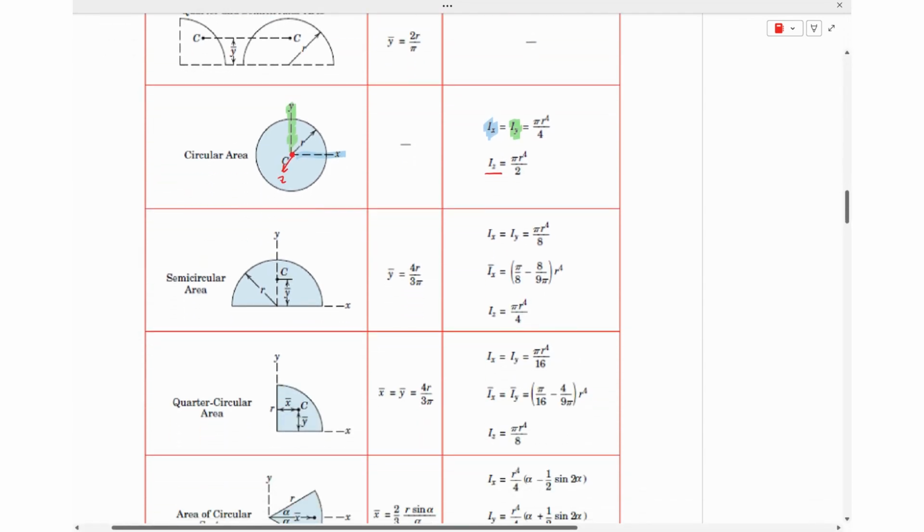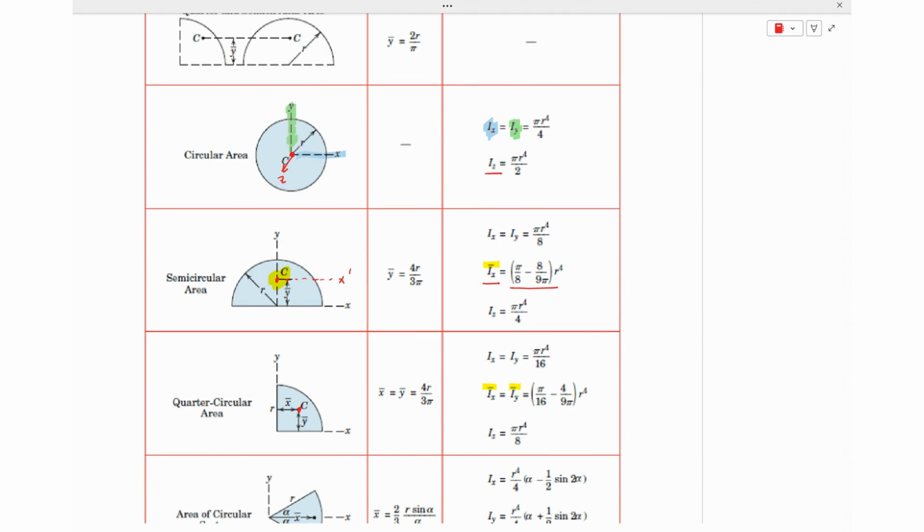So all these shapes have a given value, where we're looking first at the centroid. Anytime you see a bar or a prime in these different cases, that means it's through the centroid. So here we have the centroid. This Ix bar is going to be the x prime axis that goes through the centroid, and so that's the moment of inertia through the centroid.